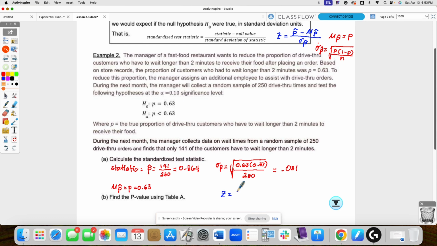P hat is 0.564 minus the mean of p, the p-value 0.63, divided by the standard deviation 0.031. So 0.564 minus 0.63 divided by 0.031 will give us negative 2.13.